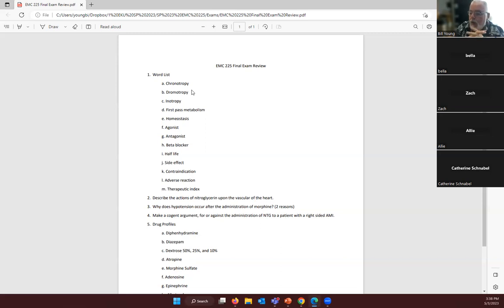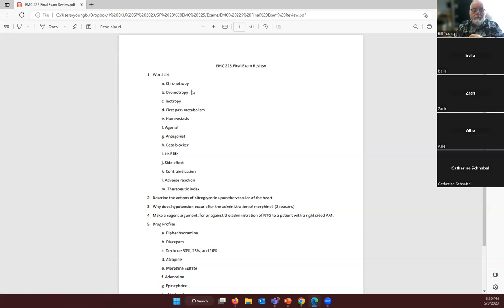Catherine, what does agonist in the world of pharmacology refer to? Isn't that a drug with like positive benefits to it? Yeah, not necessarily positive benefits, but when you give it, it causes something else to happen.